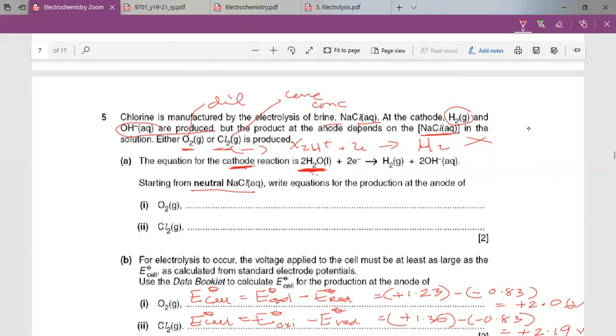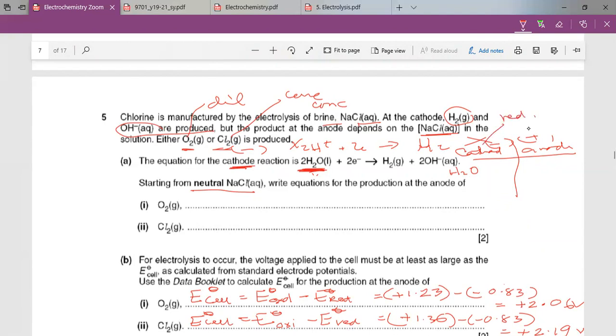Okay, so if you were to do this in exams, what do you do? Of course, I'll show you how to do it. So put here anode or cathode. Put your cathode first. Cathode means negative, and the anode is positive. So they tell me water, H2O, at the cathode. That means this is negative, so it will undergo reduction.